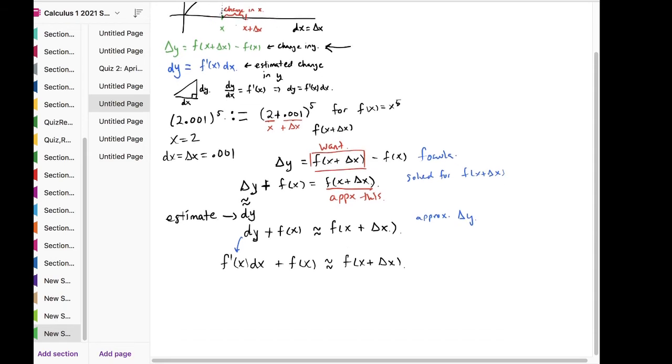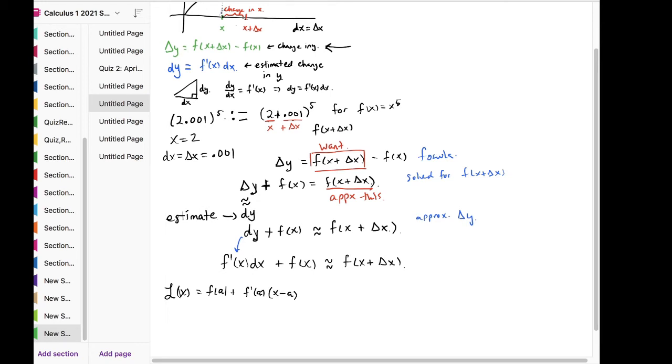So this actually looks like the linearization, right? If we look at our linearization, remember our linearization was f of a plus f prime of a times x minus a.